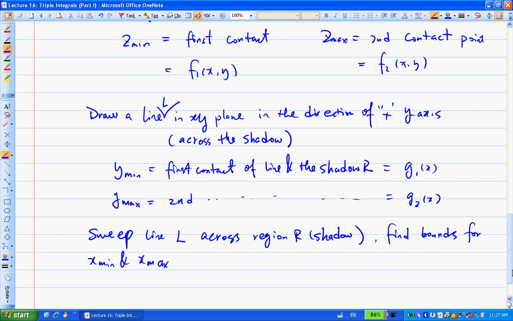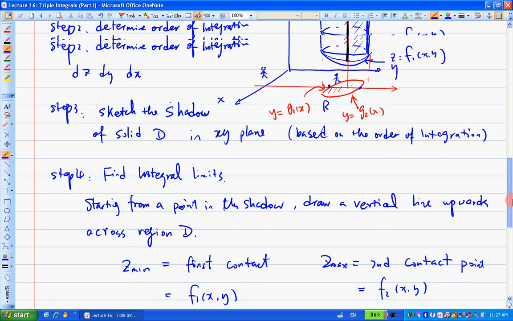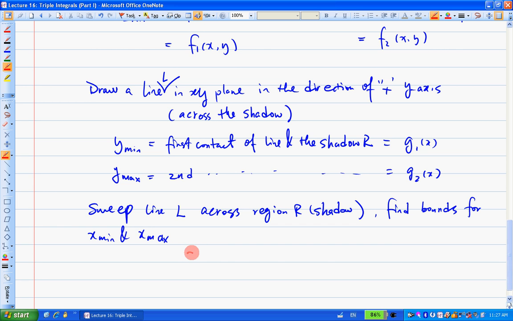Let's say in this particular case, one edge here is B, and one edge here is A. Then my x mean will be A, and x max will be B.